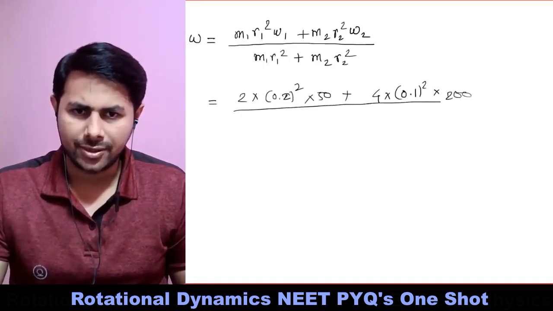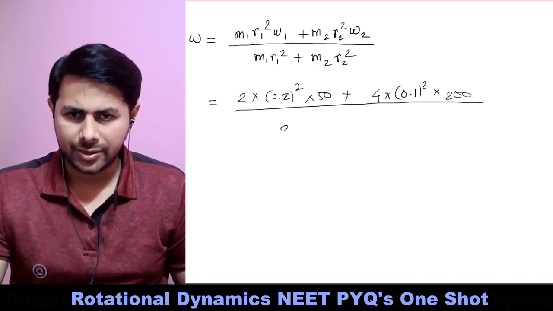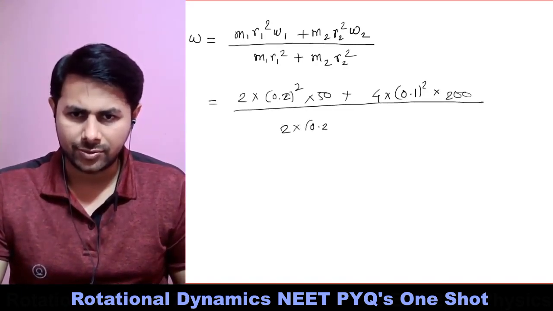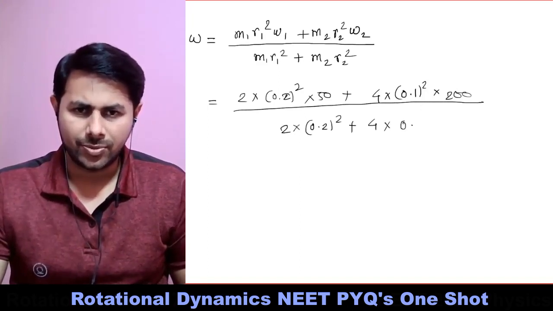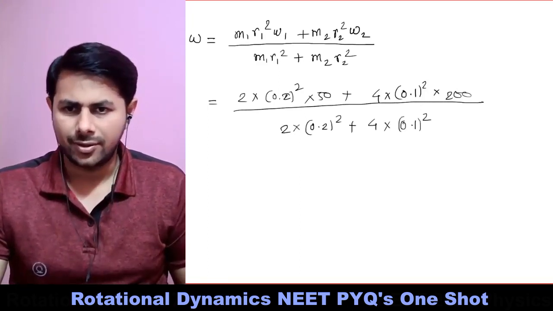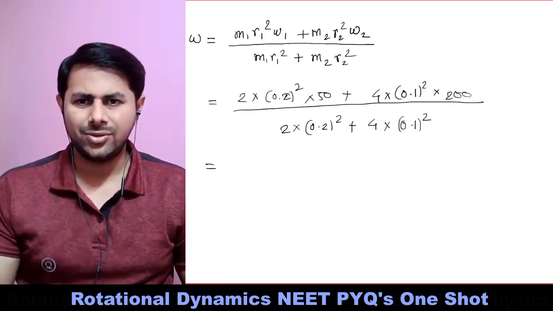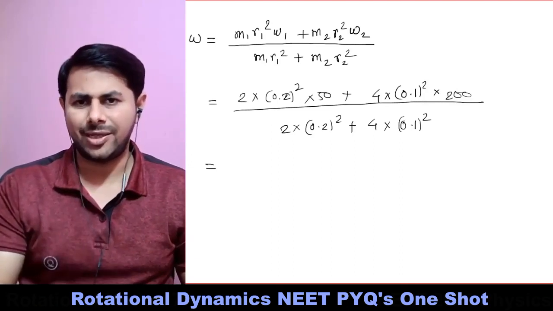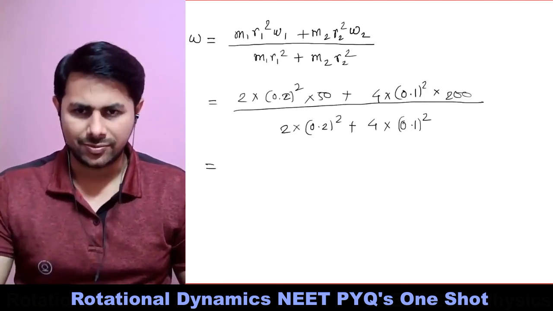And in the denominator we have 2 multiplied by 0.2 square plus 4 multiplied by 0.1 square. Okay, so we have to do all this calculation. So 0.2 square is 2 multiplied by 10 raised to minus 1 square, which is 4 times 10 raised to minus 2.